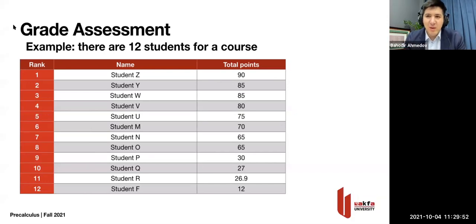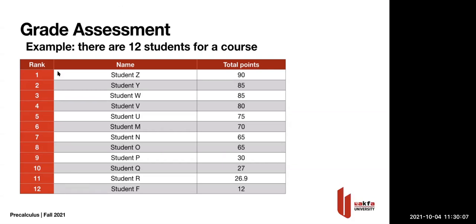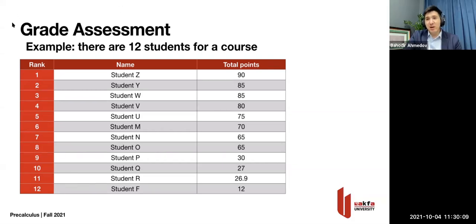Do you know anything about how your grades are put in other universities? No idea. Okay, so it is really a relative system, which means that your grade depends on your position.